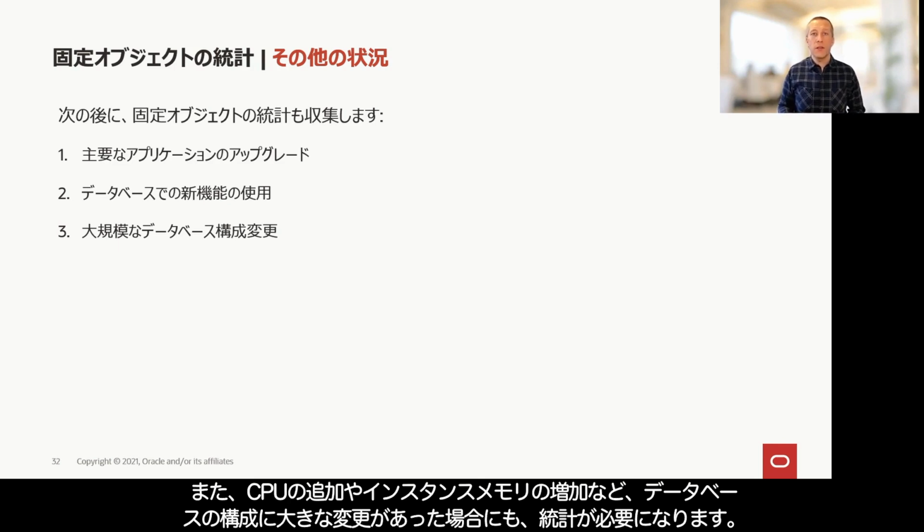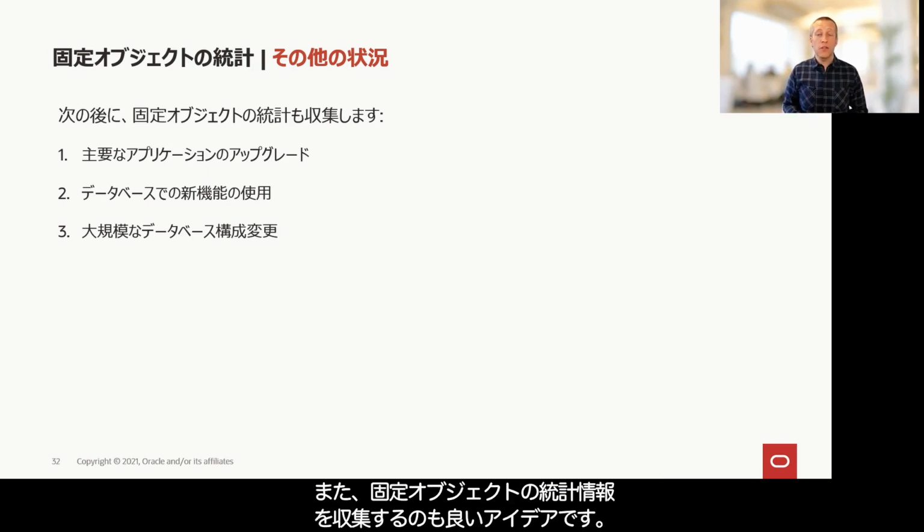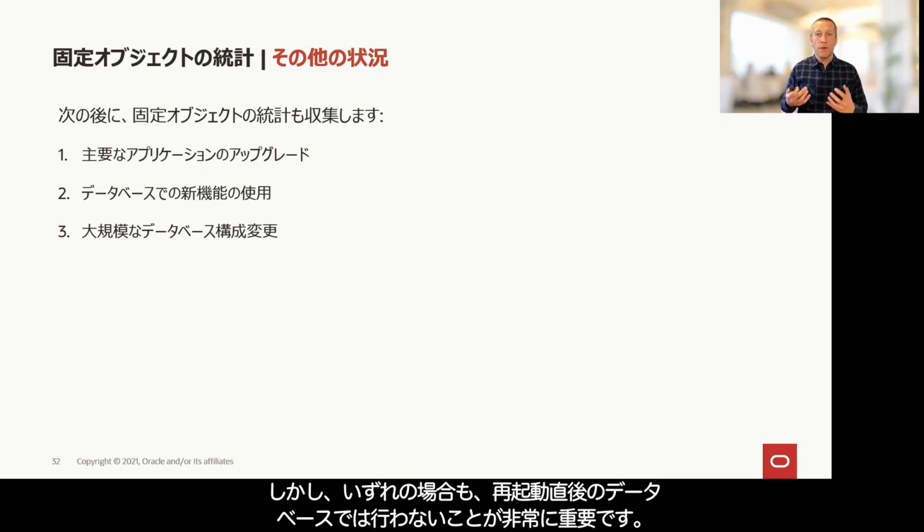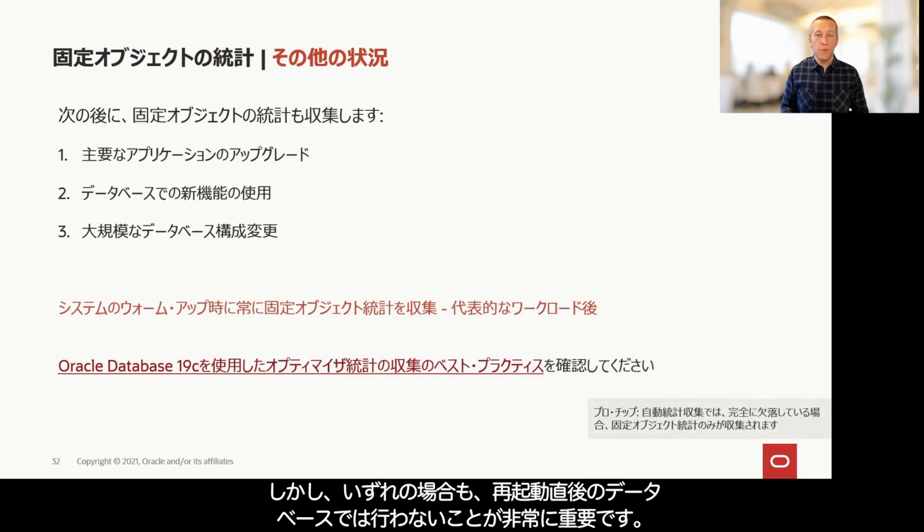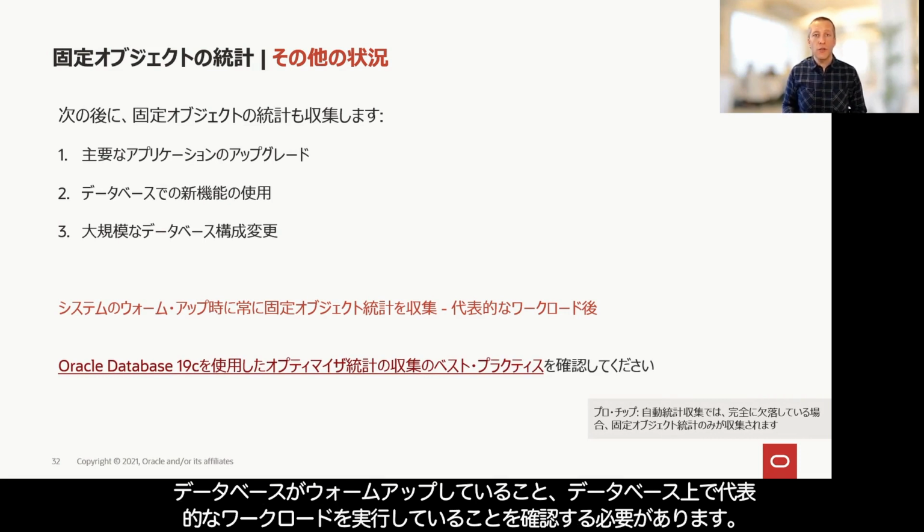And when you do major database configuration changes, like adding more CPU or increasing the instance memory, it can also be a good idea to gather fixed object statistics. But for all the cases, it is super important that you don't do it on the database immediately after a restart. You have to ensure that the database is warmed up, that you have run a representative workload on the database.